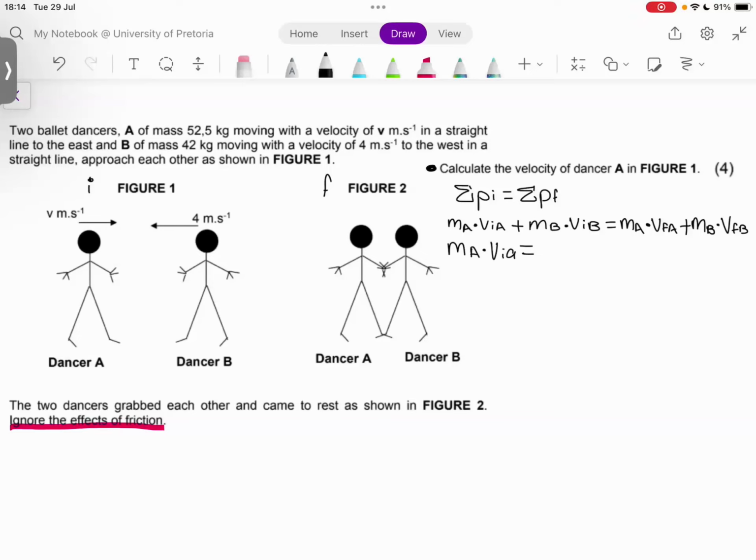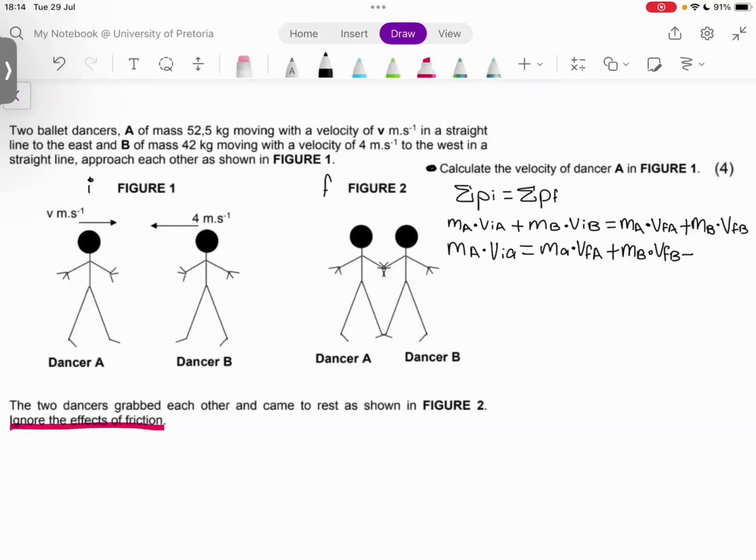This will then look like MA, the mass of A, times the final velocity of A, plus the mass of B times the final velocity of B minus, remember when you're moving things from one side of the equation to the other side, we have to change the sign.